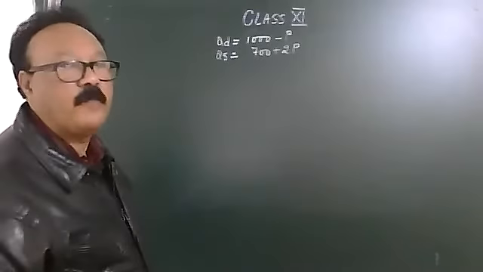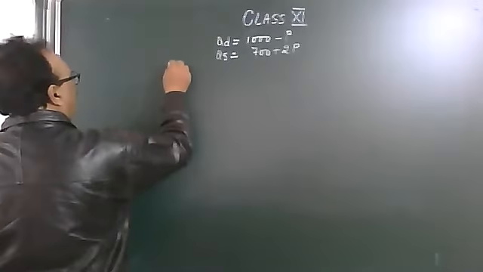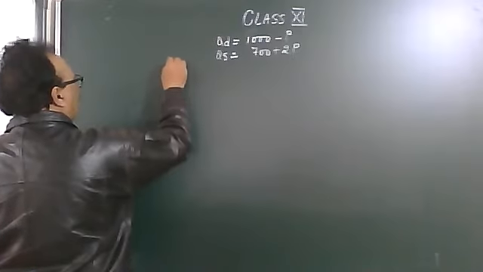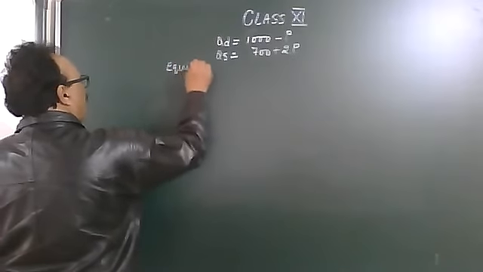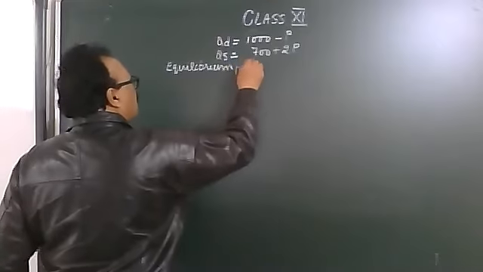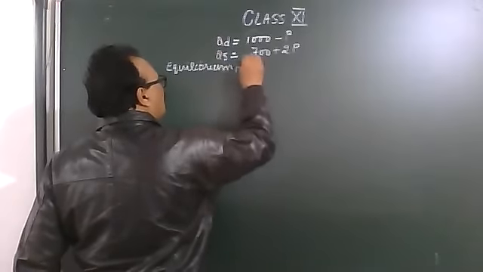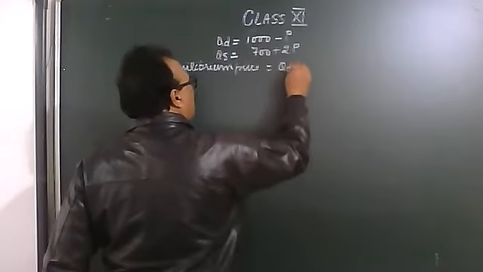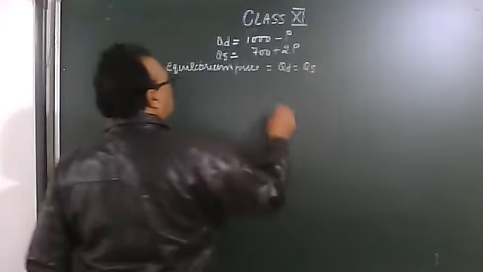So let us do the first part. Equilibrium price is when QD is equal to QS.